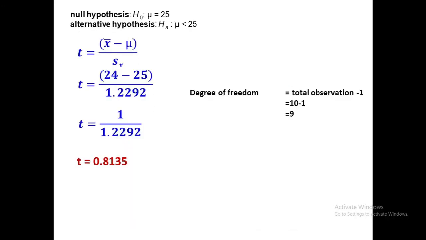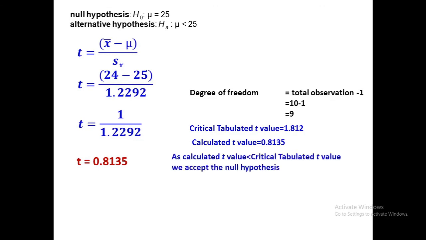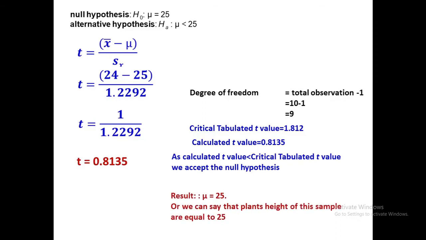We know that the critical tabulated value is 1.812, and our calculated t value is 0.8135. As the calculated t value is less than the critical tabulated t value, we accept the null hypothesis, or we can say that the plant height of the sample is equal to 25 and there is no significant difference.